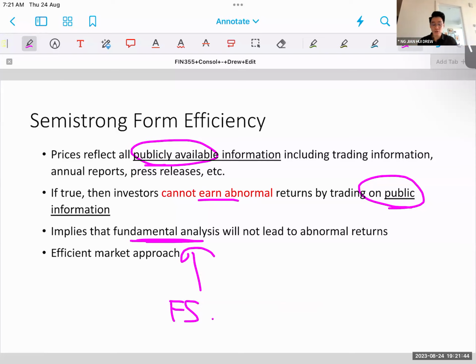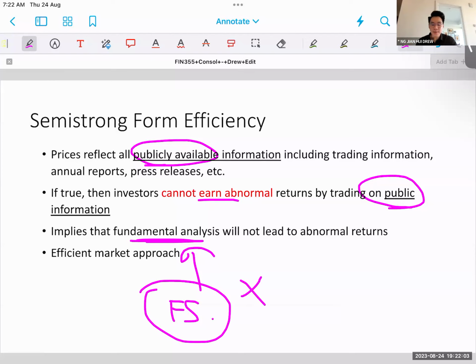But if the market is semi-strong, it includes all available public information, and the FS is public information, so there is no so-called excess return you can earn on this information.